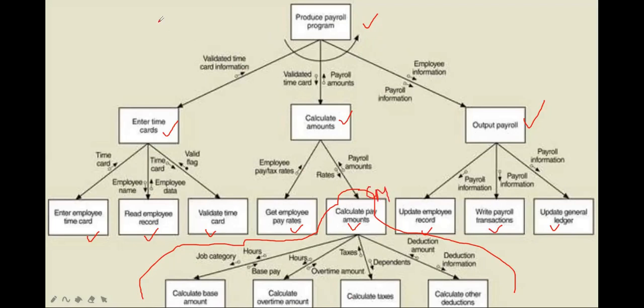So this is the hierarchical structure of the payroll system, in which we have designed the structure chart with the help of modules, control module, submodule, library module, data coupling, control coupling, and invoking of functions. So I hope you must have understood this.